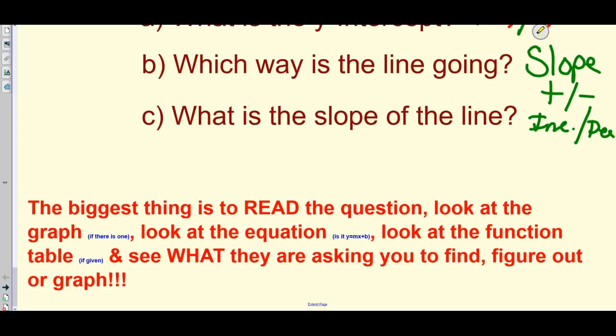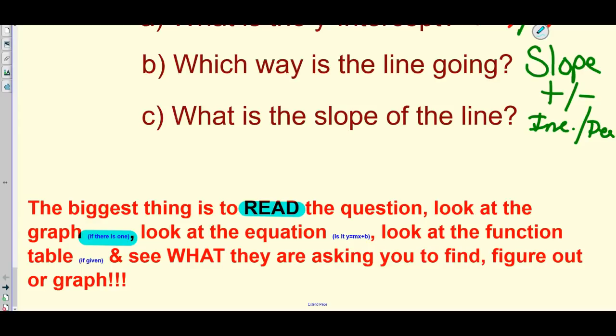So the last thing I have for you is the biggest thing. Make sure you are reading the problem. If you're not going to read the problem, there's nothing I can do to help you, whether I'm here or not. The other thing is, look at the graph, if there is one. From the graph, you should be able to find your b. You should be able to find your slope by staircasing it.